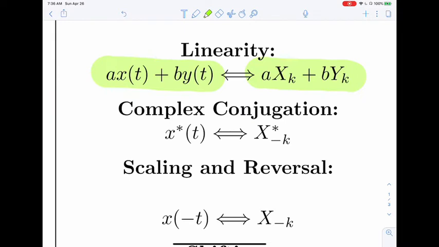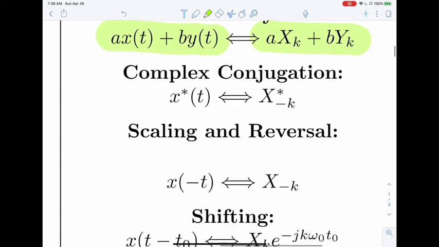So a x(t) plus b y(t), if you did the analysis of that waveform, you get a x_k plus b y_k. I just take that same linear combination that I saw in the time domain, but I do it in the frequency domain.